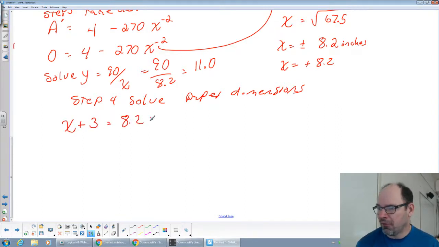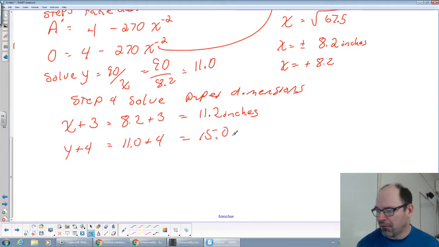8.2 plus 3. That would be 11.2 inches. And y plus 4. So this would be 11.0 plus 4, which equals 15.0 inches.